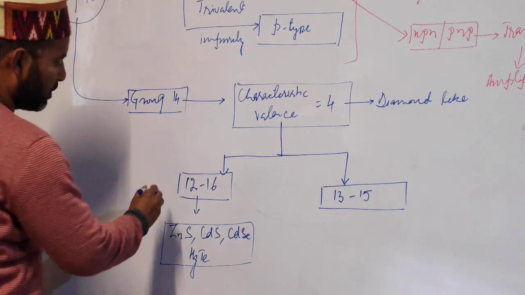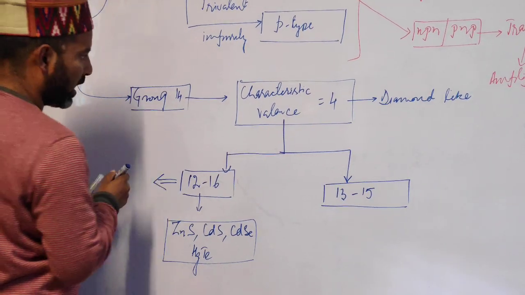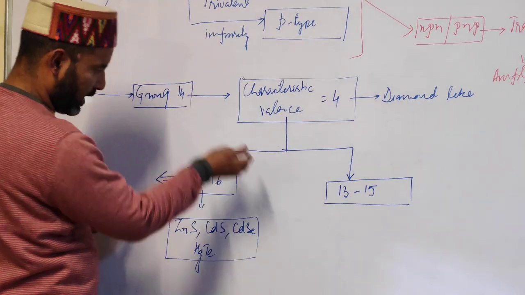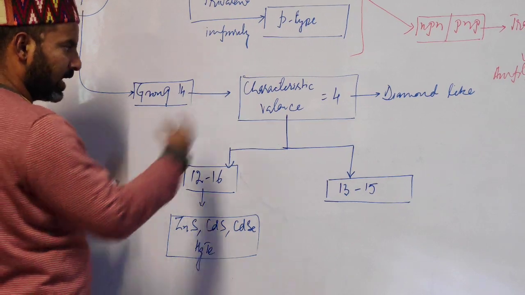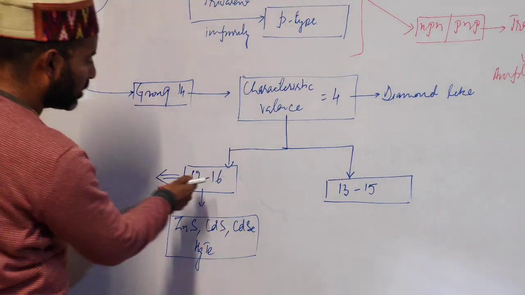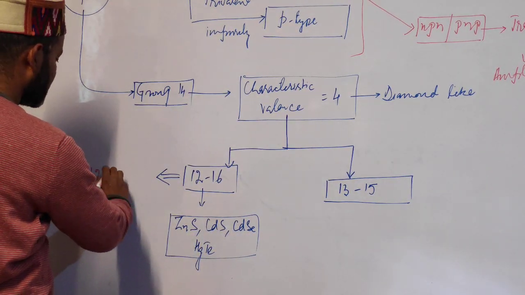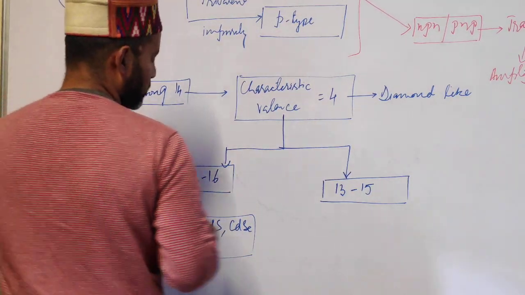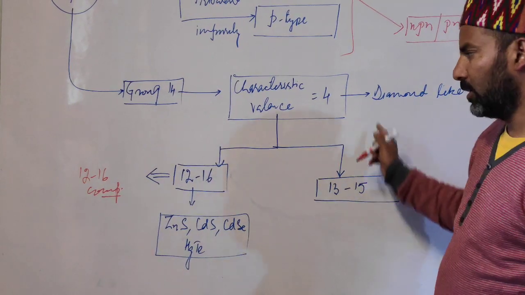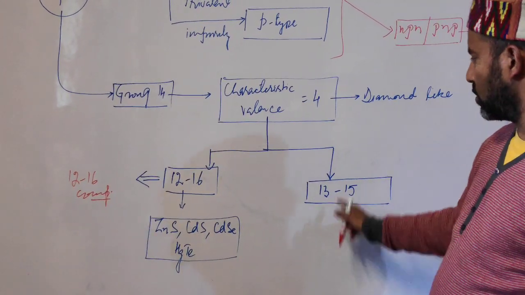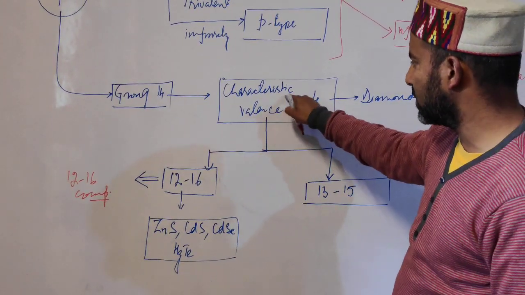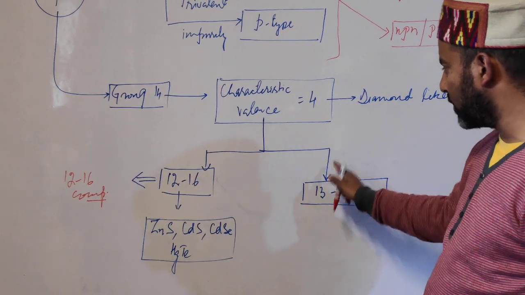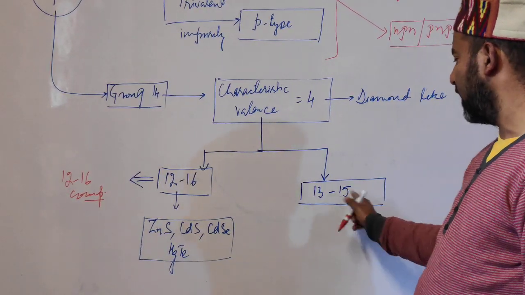Now students, these compounds which have a characteristic valence of 4 like silicon or germanium and can be used as semiconductors are called 12-16 compounds. Whereas we have another type of substances which also possess a characteristic valence of 4, obtained by combining elements of group 13 and 15.